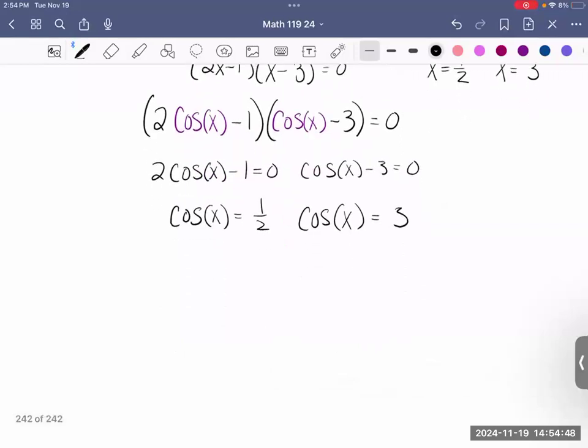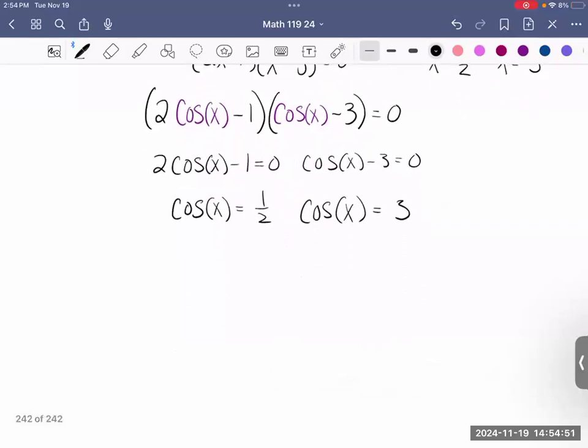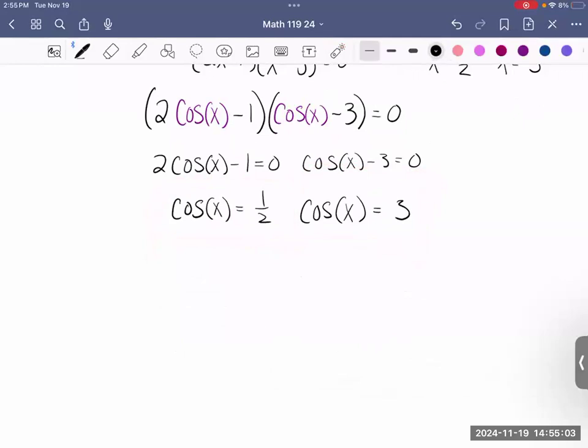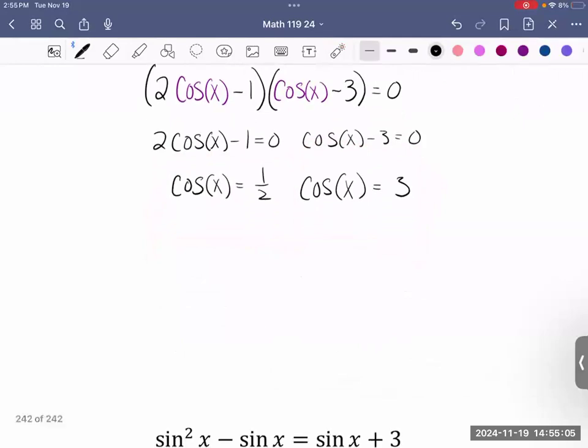Now take a look closely at some of these values. Again, trying to use our idea of your inverse trig. We just don't have nearly as many restrictions because it's not an inverse cosine that we're looking for. So for our values, where is cosine equal to 1/2? Well, I believe we had that question earlier.